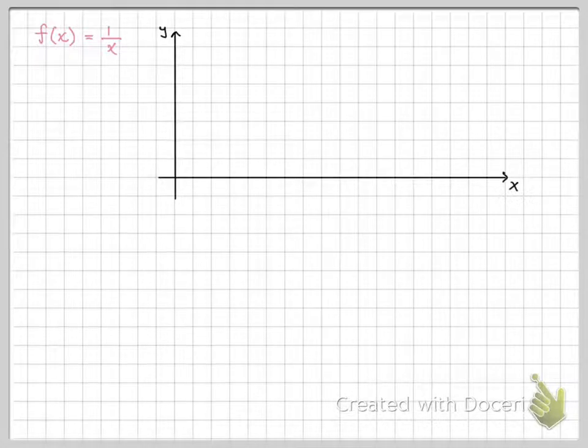Okay, so here we have my function 1 over x and just an xy axis. So I'm just going to plot those points that I had on my table. I'm going to increase the scale a little bit. So say 4 blocks is equal to 1 here, so that's 1, 2, 3, 4. Then the points that I have are (1, 1), (2, 1/2), (3, 1/3), (4, 1/4).